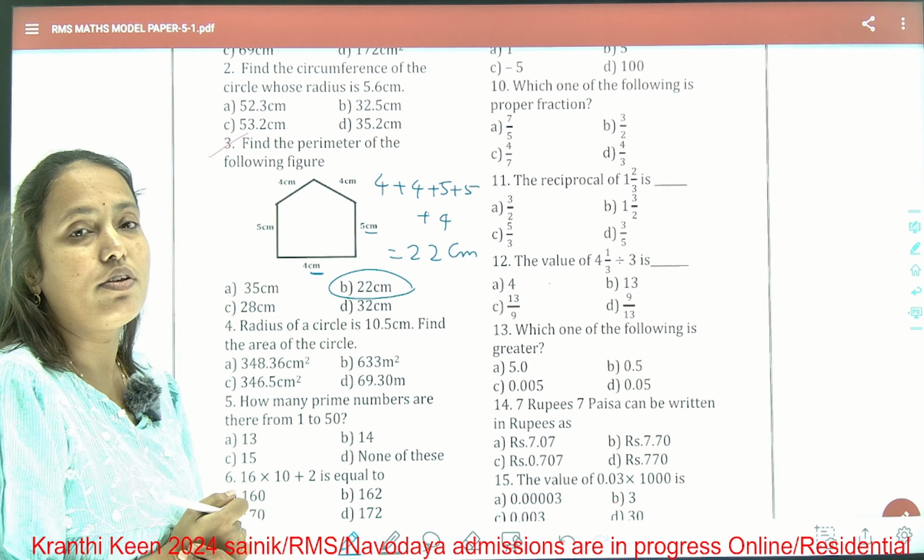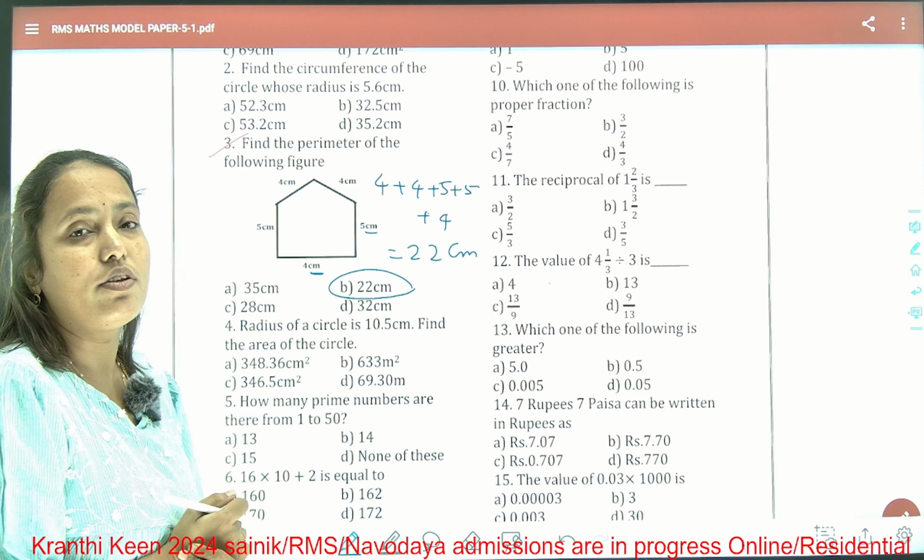Now, we will go for this question: which of the following is the proper fraction? Here, they gave 4 options. In that, we need to find the proper fraction. We know a proper fraction is nothing but less than 1, where the numerator is smaller than the denominator. You have to have an idea about the types of fractions.